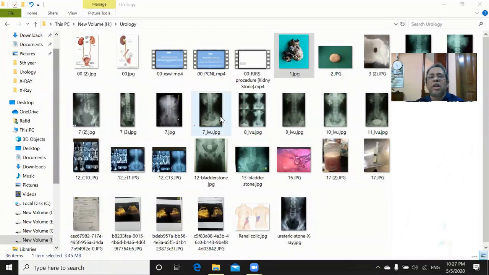For that reason, for diagnosis of gallstones, we don't go for plain X-ray abdomen. We go straight for ultrasonography. But here, for renal stones, you go directly for plain X-ray abdomen for early and easy detection of urinary tract stones.